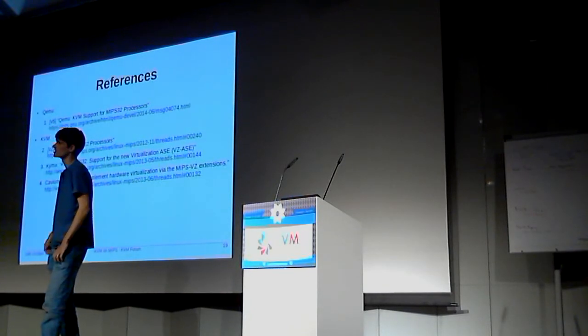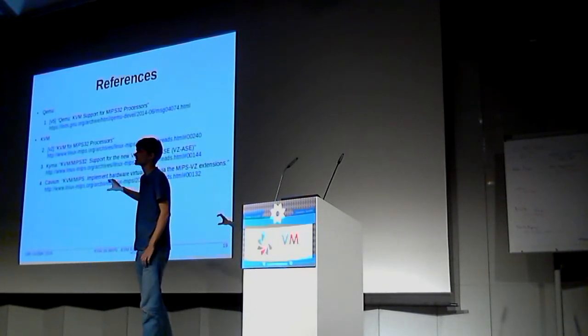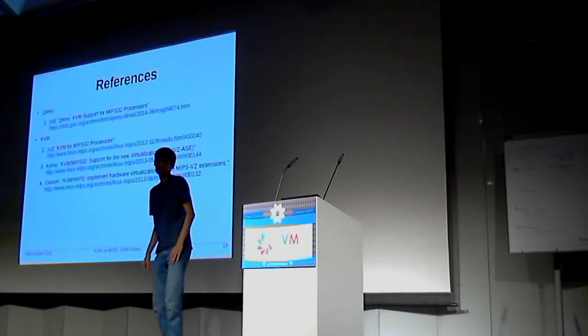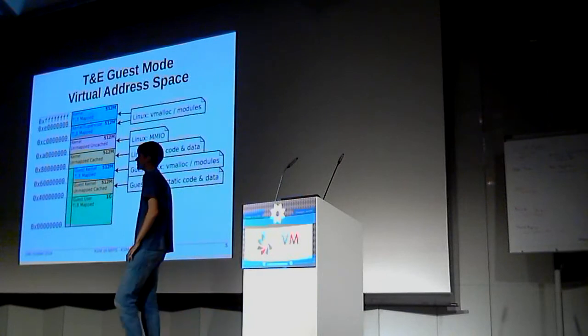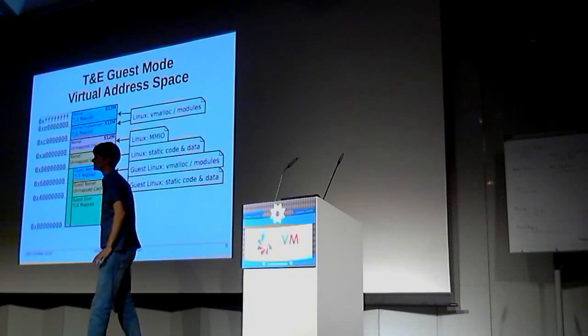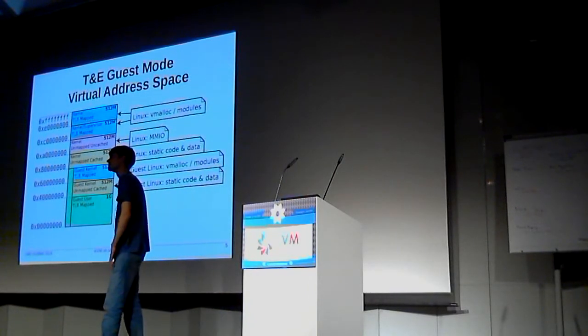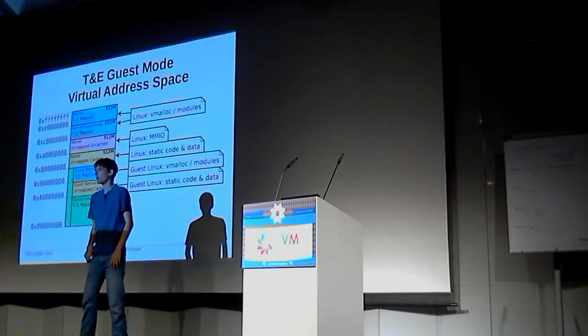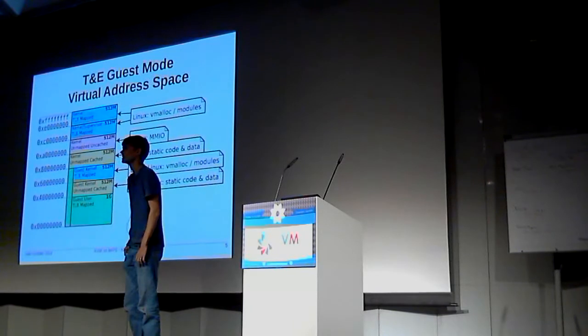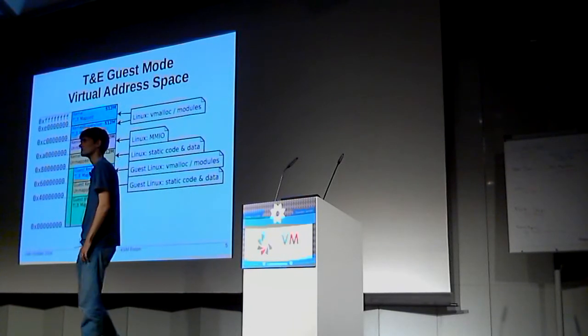And so it's literally, if it's within the guest kernel segment, it would create a mapping directly to the low 512 meg of the guest RAM. And then if it's in this area here, it would then look into the guest TLB. Does that make sense? Does that answer your question?